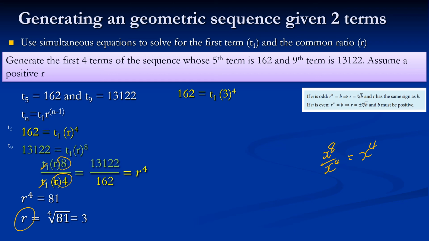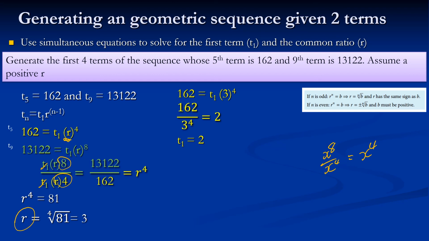So 162 has got to be the same as the first term multiplied by r to the power of 4, which is 3 to the power of 4. So we just do inverse operations. 162 divided by 3 to the power of 4, so 3 times 3 times 3 times 3. Well, that's got to be 81, hasn't it? So 162 divided by 81 equals 2. Therefore, the first term equals 2.